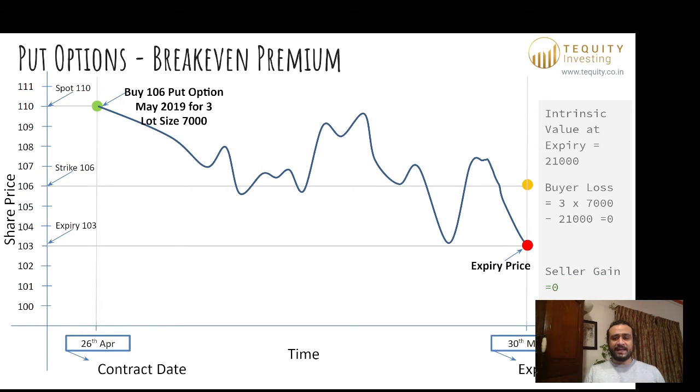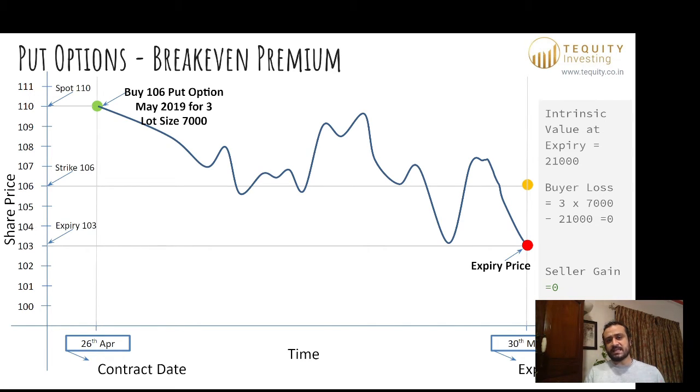We will take the next example. Here the expiry is happening at 103. As you can see, there is intrinsic value to the put option. Why is it? Because it has expired below the strike price. What is the intrinsic value? It is the strike price minus the spot at expiry.